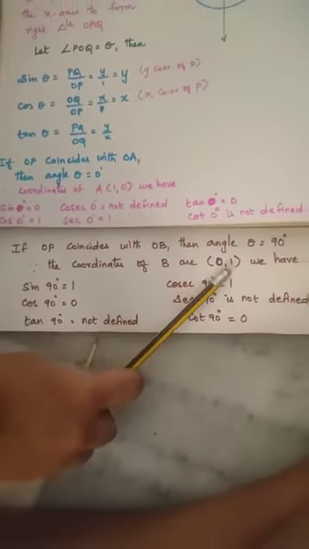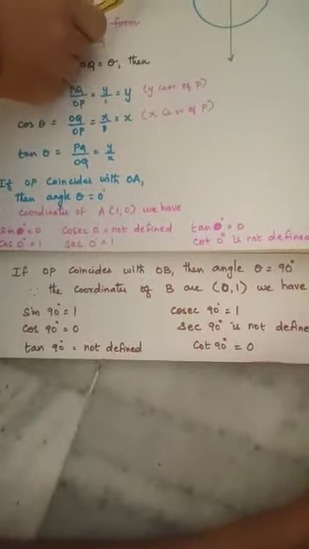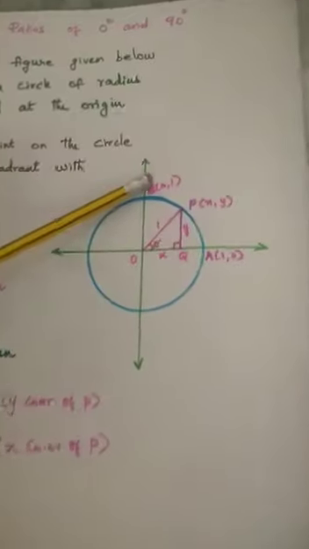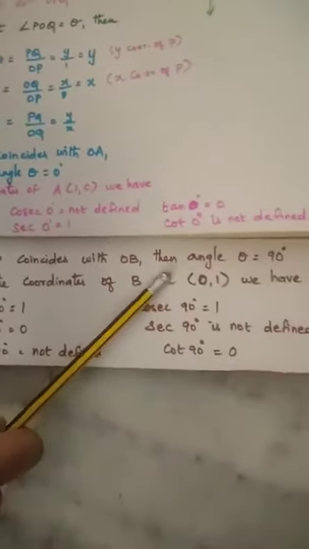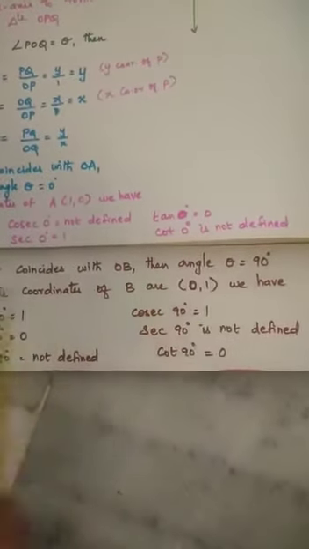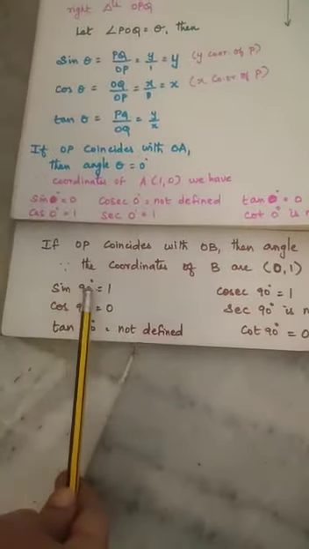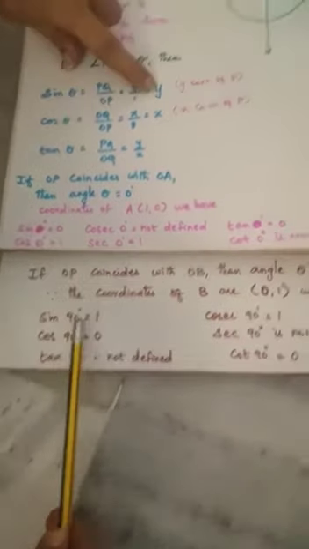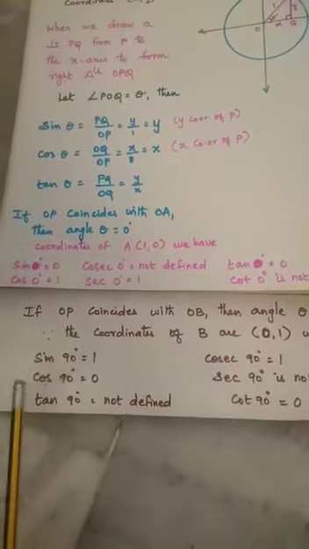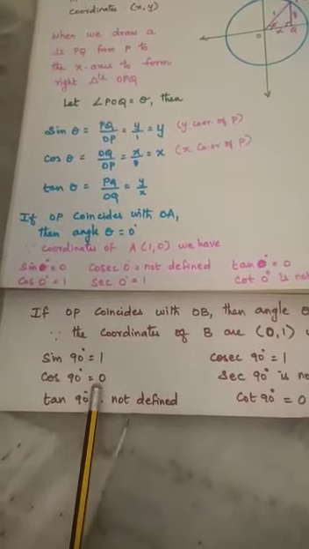The coordinates of B are (0, 1). So we have sin 90 degree equal to 1, and cos 90 degree is 0.